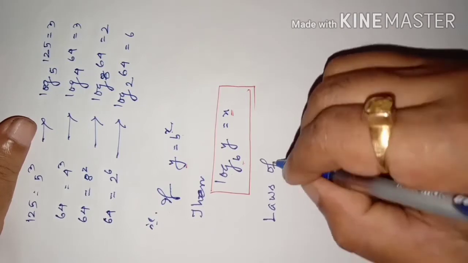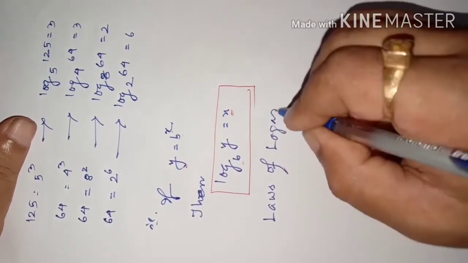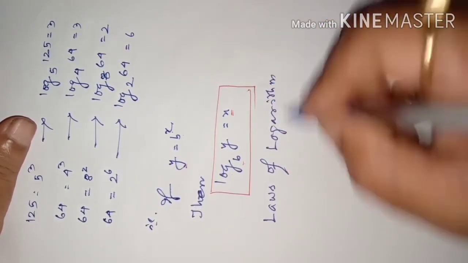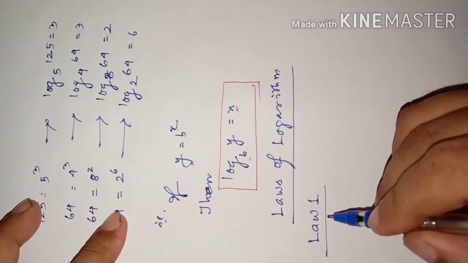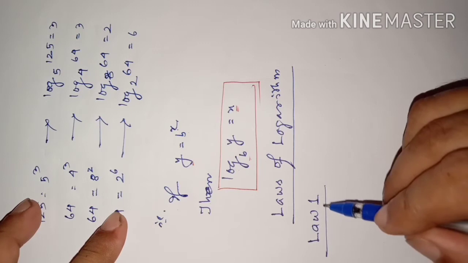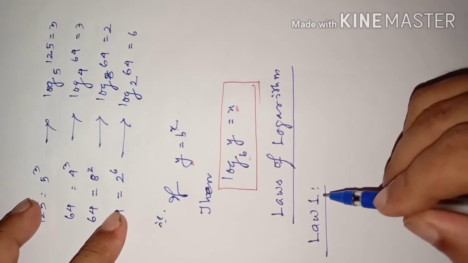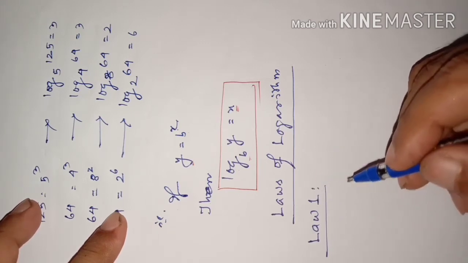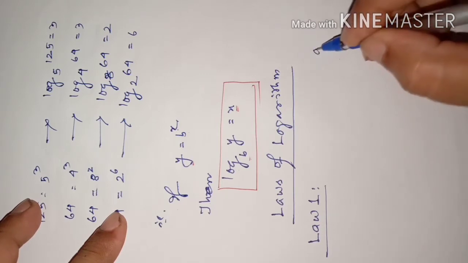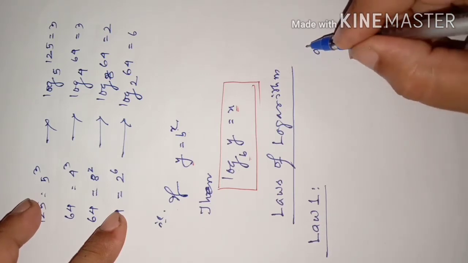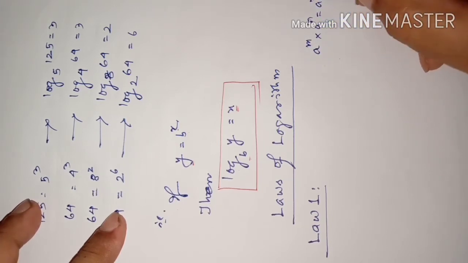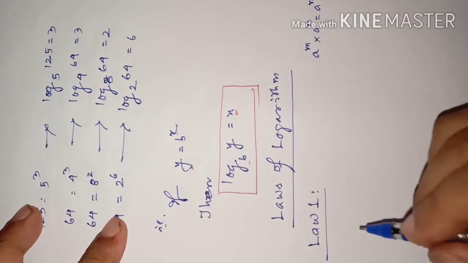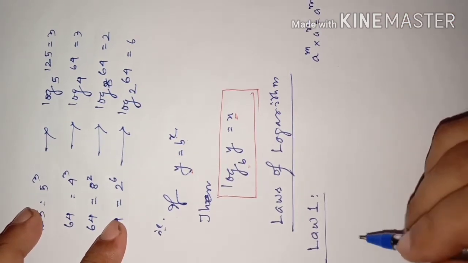Laws of logarithm. These are law number 1. These laws are actually like the laws of indices. Recall a law you got in indices, that is a to the power of m into a to the power of n is equal to a to the power of m plus n. Here also we will have laws like that. Just you see.